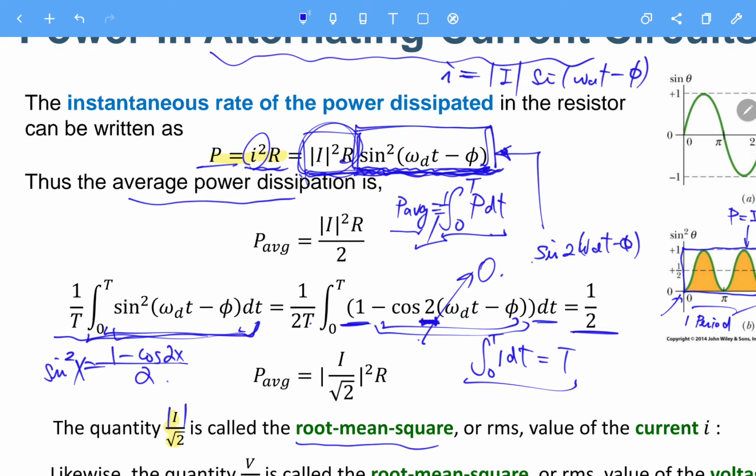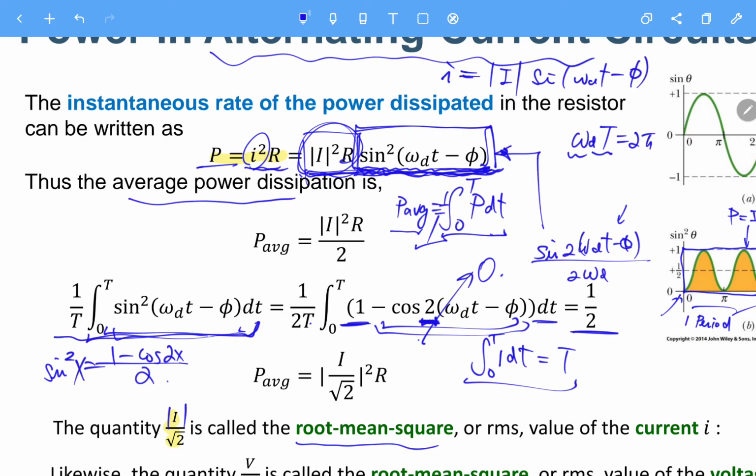For the chain rule, you just divide it by 2 omega. And then you plug in t equals 0, and then t equals capital T. You will find that omega T is 2 pi, because T is the period and omega is the frequency.